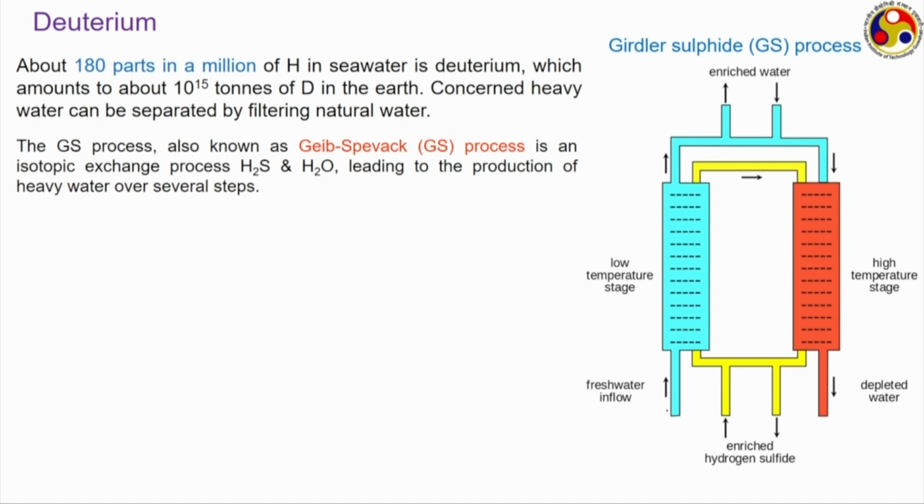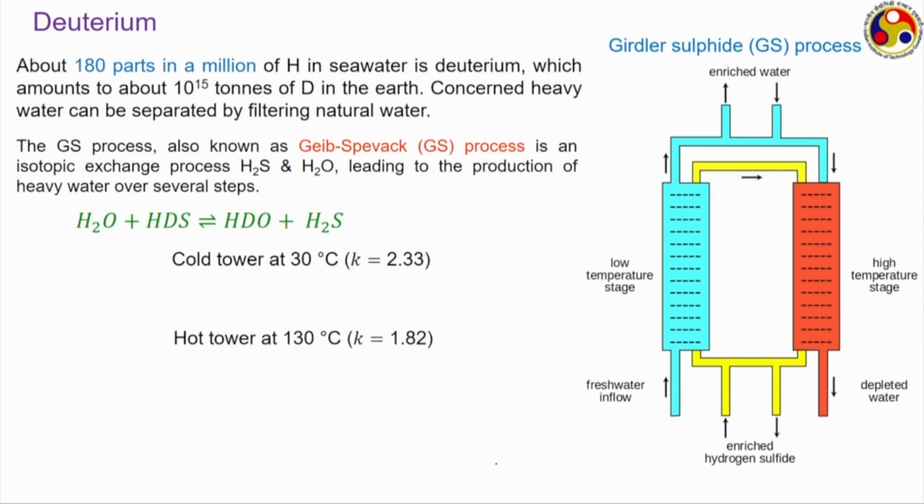To mention the working principle very briefly, the fresh water, that is fresh sea water, is supplied through this blue channel. Actually, you can see the device involves 2 different chambers. The blue tower is known as the cold tower, which is maintained at 30 degrees Celsius, whereas the reddish colored tower is maintained at 130 degrees Celsius.